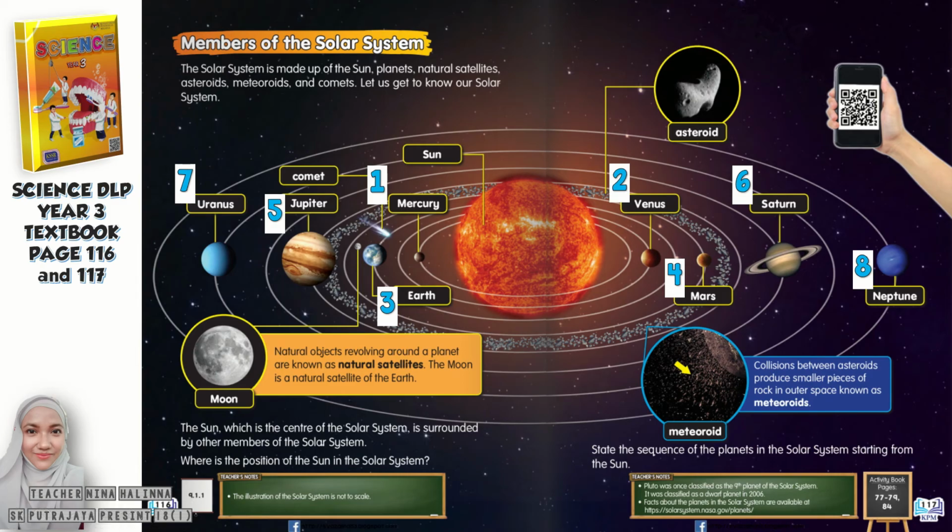So actually these 8 planets are not the only planets in the solar system, but we only need to know these 8. There are actually other planets, we call them the dwarf planets, smaller planets. So don't worry about them, we just need to remember these 8 planets from Mercury right until Neptune.